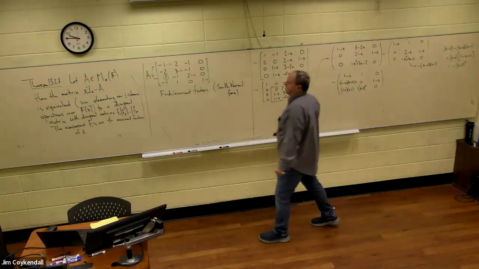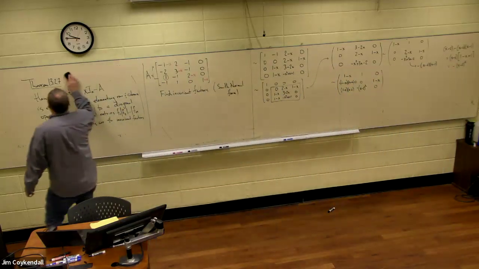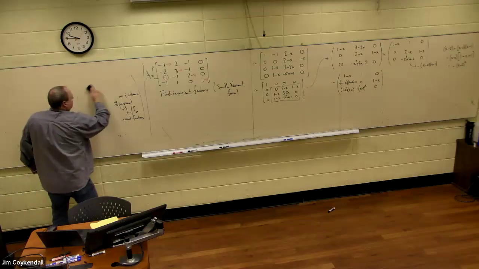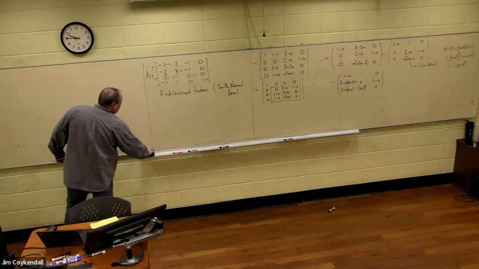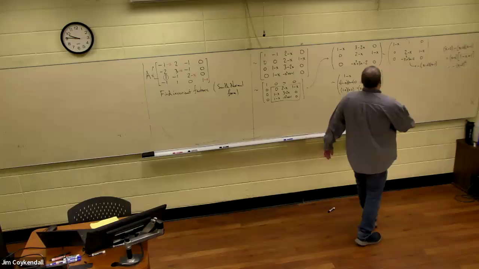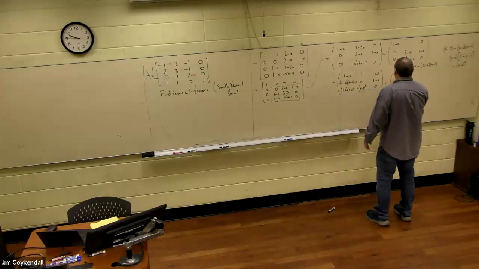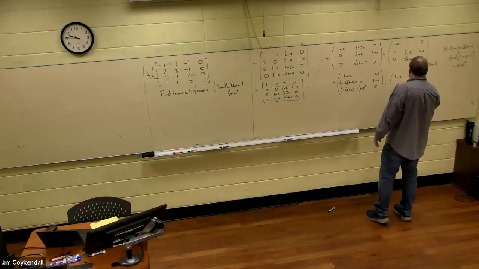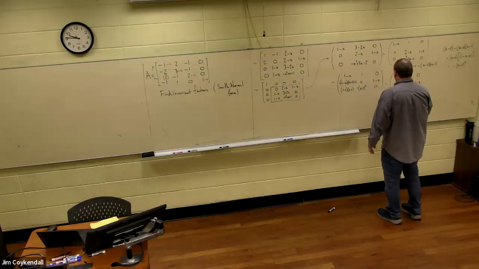So now at this point, I have the matrix. Let me write it down here for hopeful clarity. Zero, zero, one minus x.